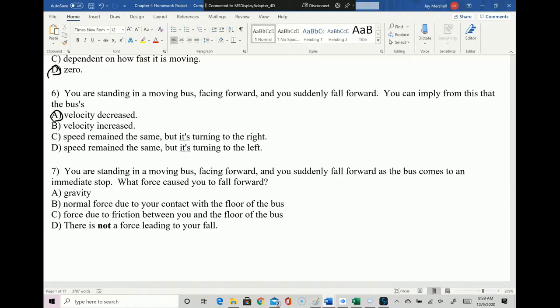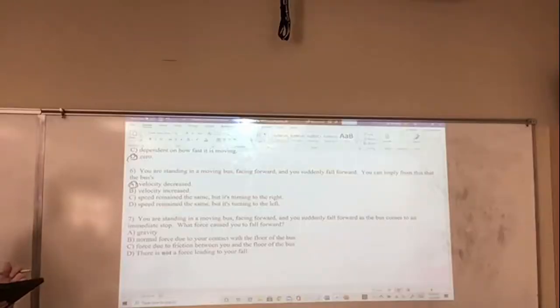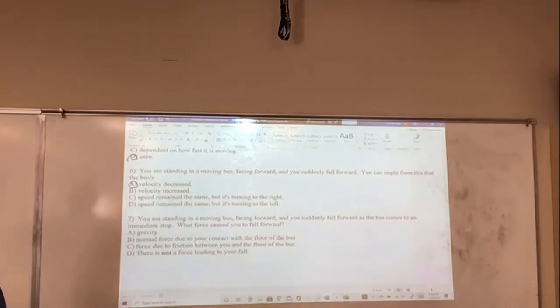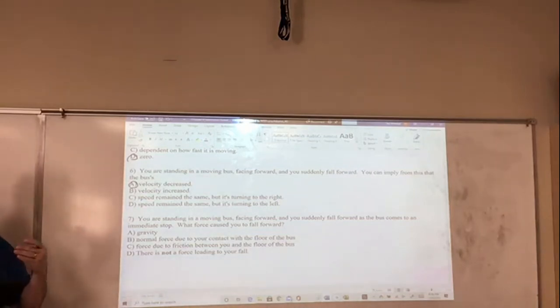Now, you suddenly fall forward as the bus comes to an immediate stop. What force caused you to fall forward? If I'm suddenly moving, the implication must be that there's a force.